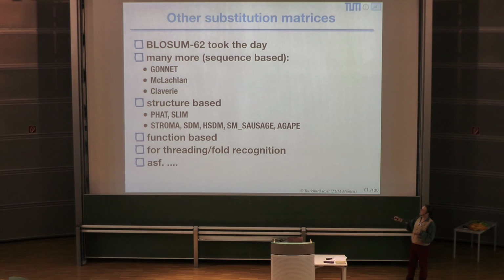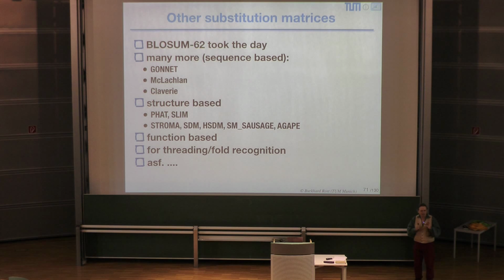Then there are structure-based matrices, FAT and SLIM, as you may suspect, sort of competitors to each other, and they both have to do with membrane. They try to see what you can change when you have a protein inserted in the membrane, and there are other structure-related exchange matrices here.